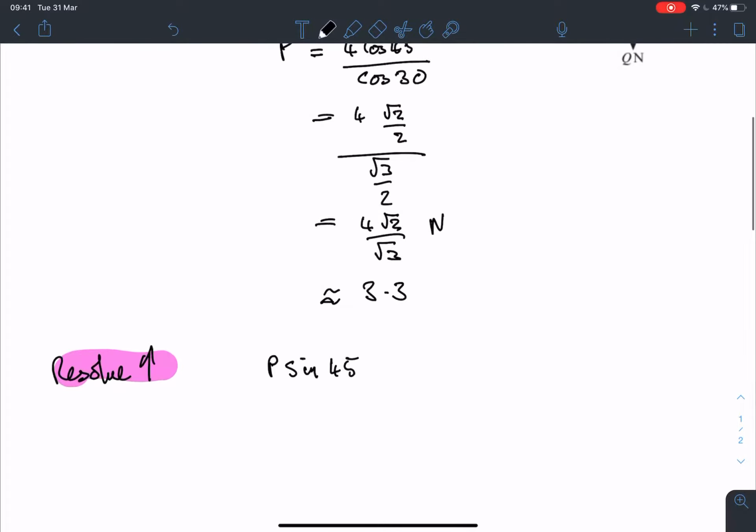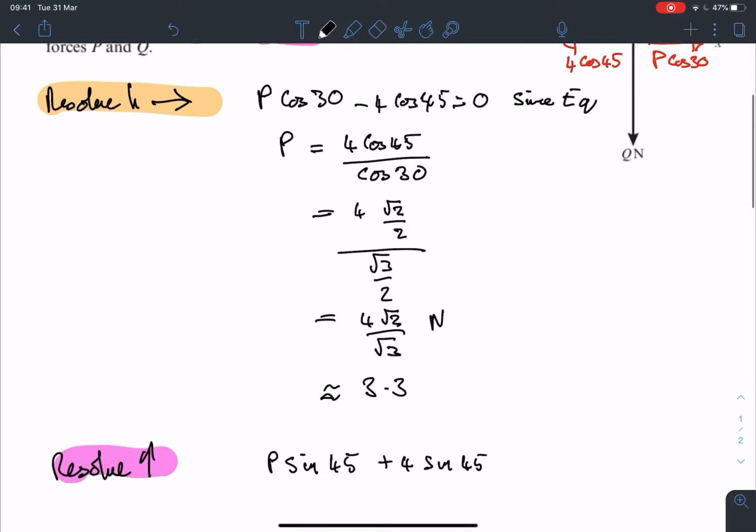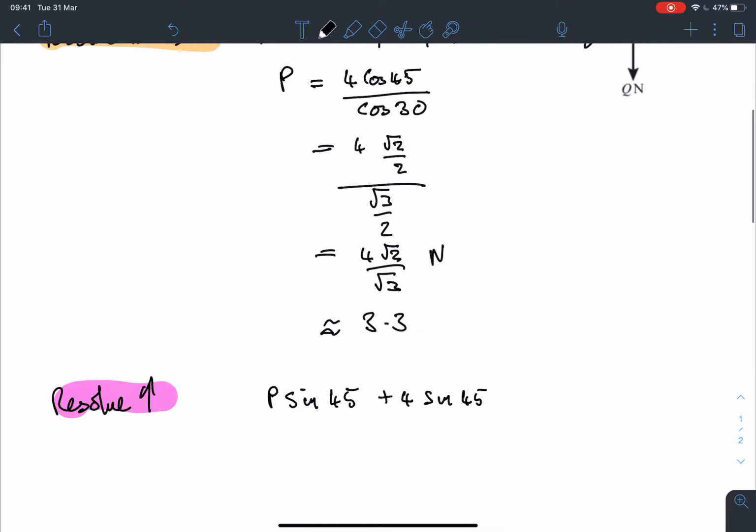P sine 30 plus 4 sine 45 minus Q equals 0. Since equilibrium again, which we're told in the question.